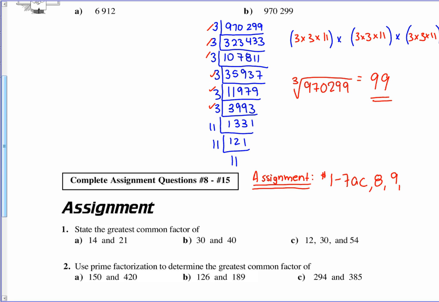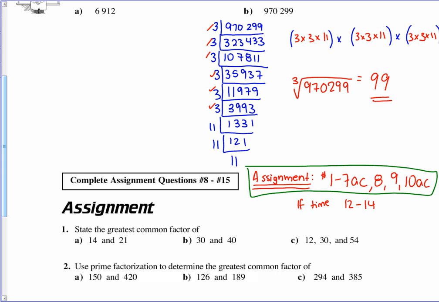And then, so 1 to 7 AC. Then 8, 9, 10 A and C. And then if time, you can try 12 to 14. But minimum, do those.